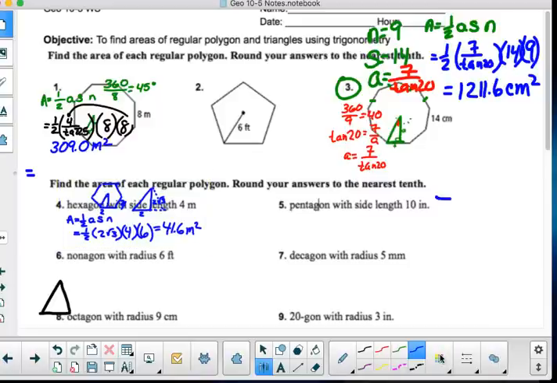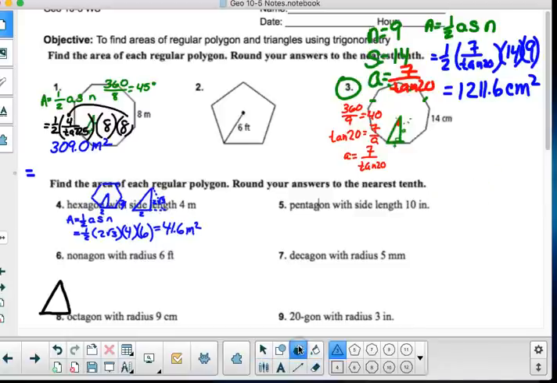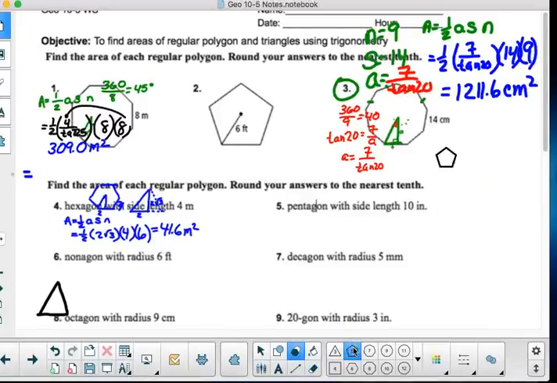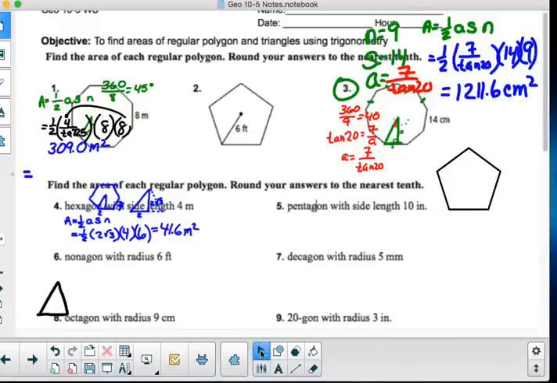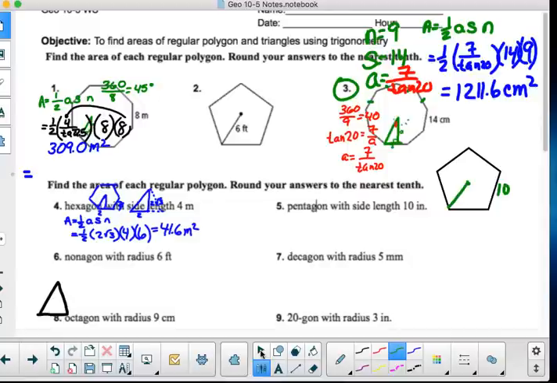Tell you what, let's get a nicer pentagon than what I can draw. Okay, so we got our pentagon, and we will do a side length of 10. This side length happens to be a 5 side.